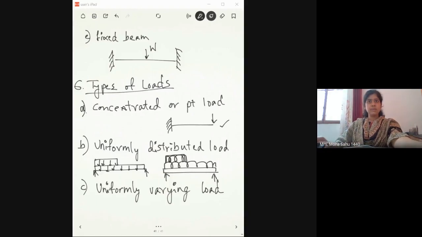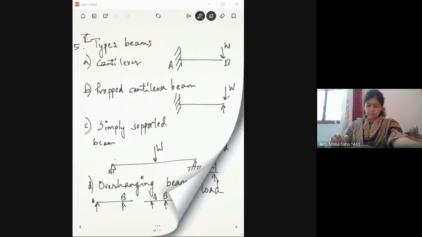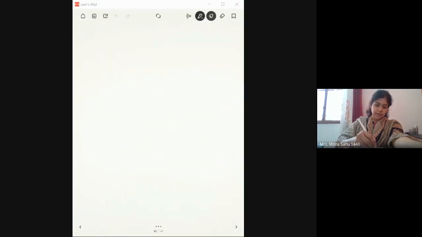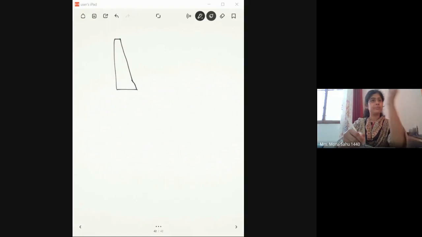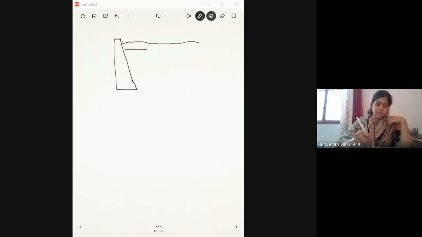And similarly, you have the varying load, uniformly varying load. For example, let me take an example of a dam. The dam wall is like this, it will always be slanted. I'll draw it here. The water is over here, so you'll have a force acting on this wall.